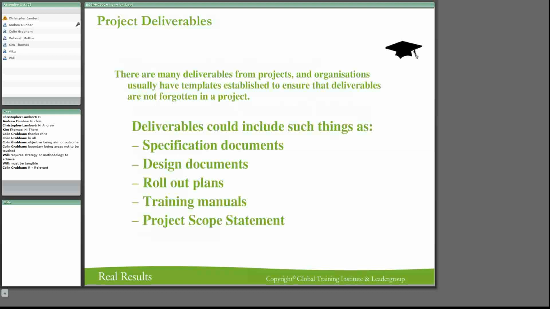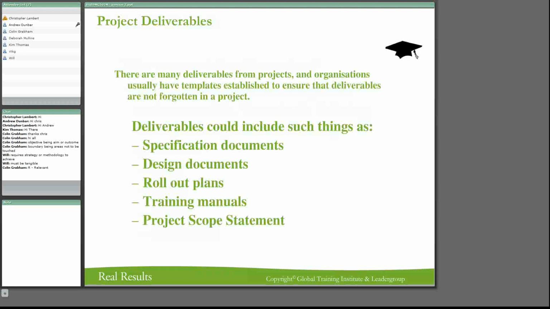So deliverables also include things such as the specification documents. Remember I said there's a difference between a product analysis and a requirements analysis. Specification documents normally have to do with specifying the product or the service that has to be delivered.